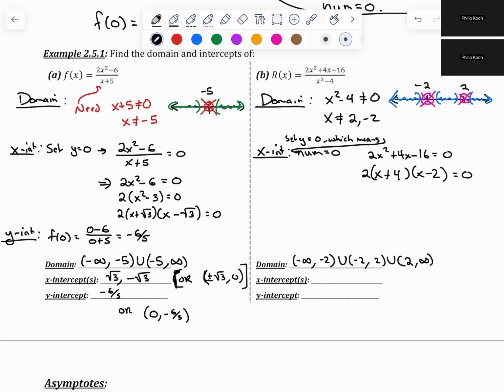And so that gives me x equals negative 4 and positive 2. However, positive 2 is not in the domain. So the x-intercept is negative 4 only.